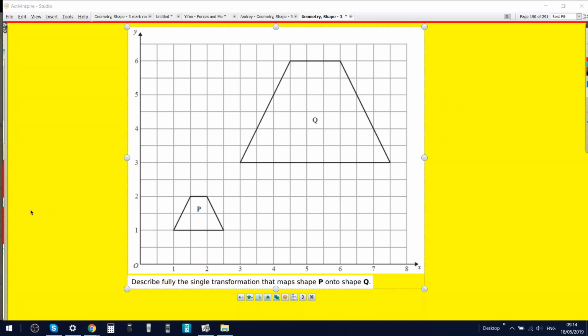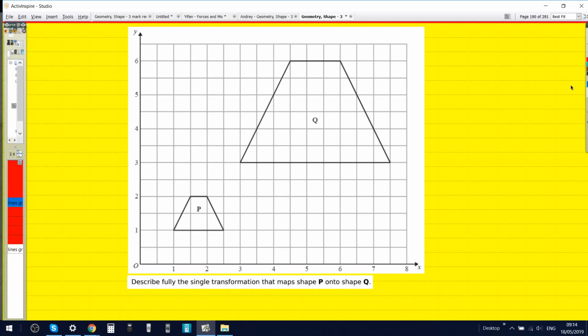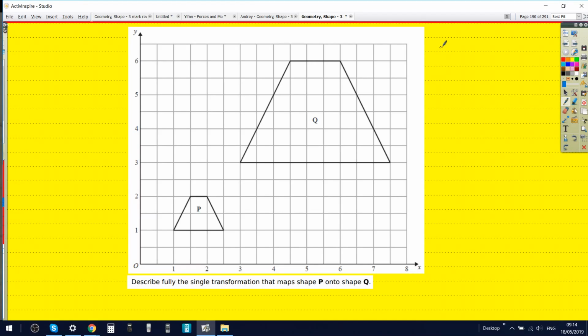I'll just write it down somewhere, so that's worth a mark. And I suppose, what type of transformation is it? Is it a translation? No, that's if it is just a slide. Here it got bigger. Oh, so enlargement. Yeah, so that's also worth a mark.